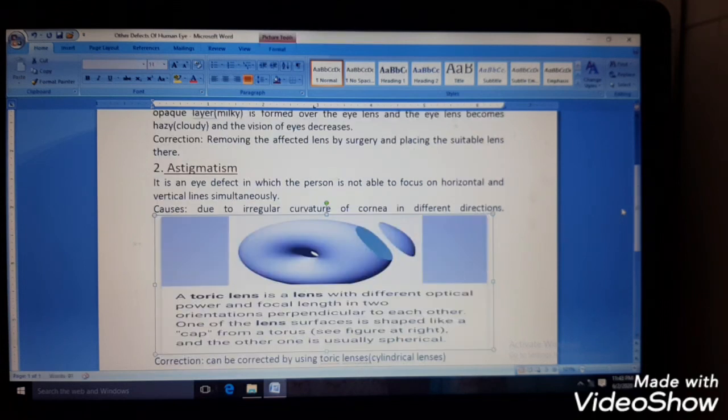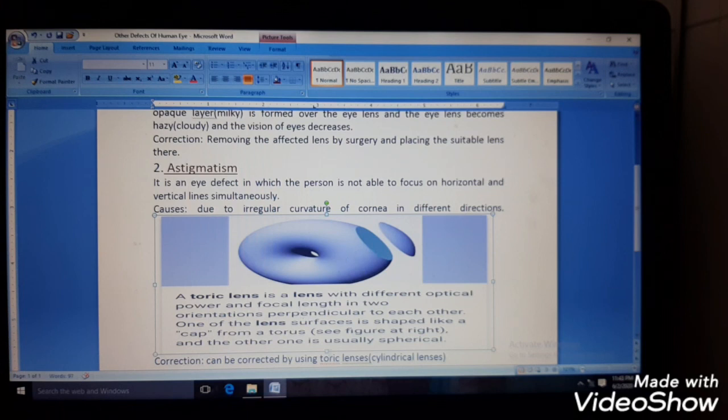Okay, what kind of lens is this? It is a donut shape of which some part is cut, and this lens has different optical power and focal length in two orientations. Different focal lengths are there because there is an irregular curvature of the cornea. So in order to overcome that problem, there are different focal lengths in two different orientations perpendicular to each other.